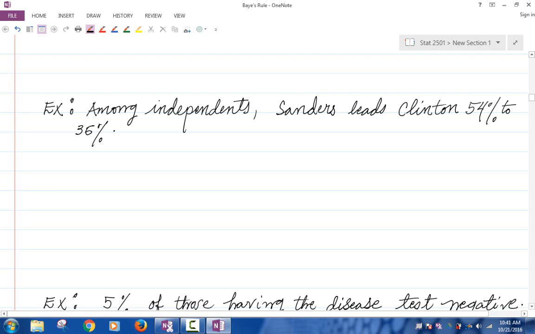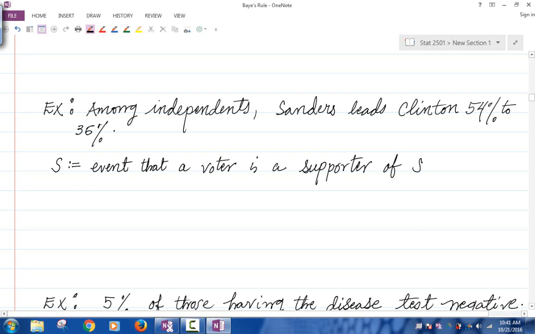So in this case, let me denote by S the event that a voter is a supporter of Sanders, right?